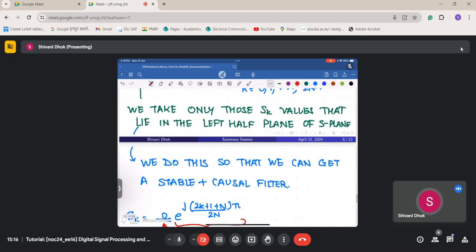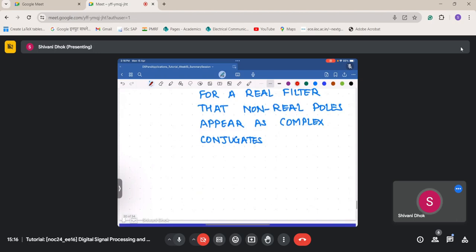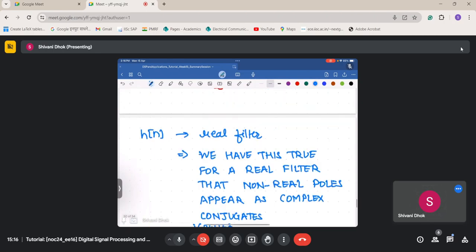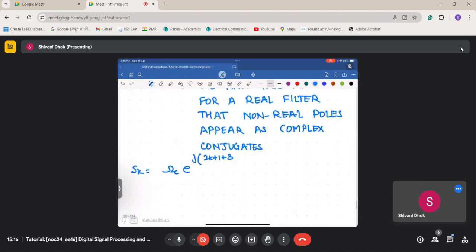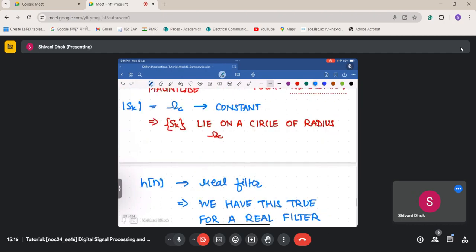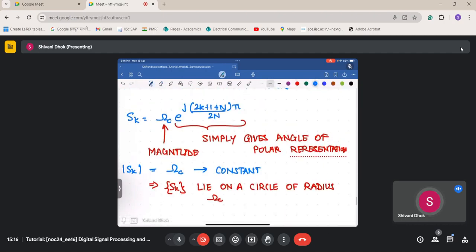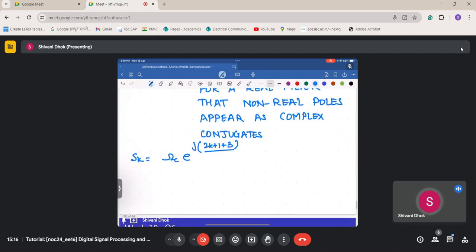for n equal to 3. So now let us just take the case when my n is equal to 3. We have our s_k as omega c into e power j (2k plus 1 plus n) upon 2n, that is 2 into 3, that is 6, into pi.